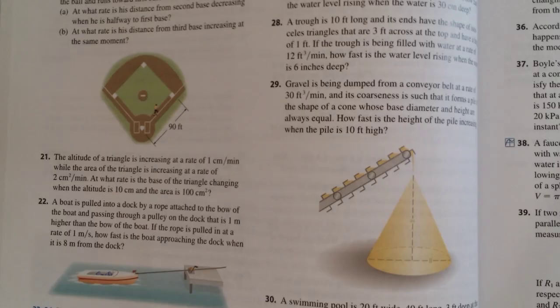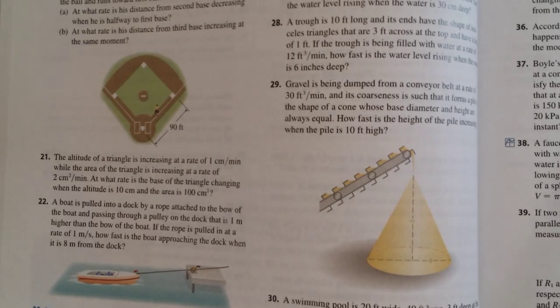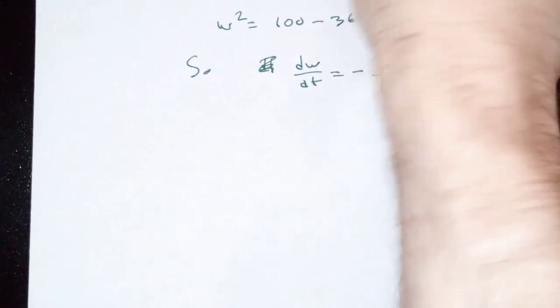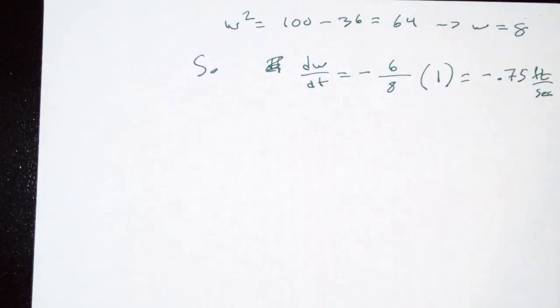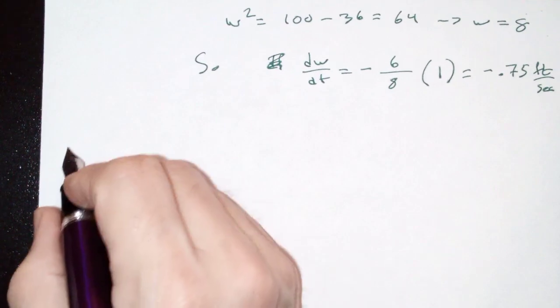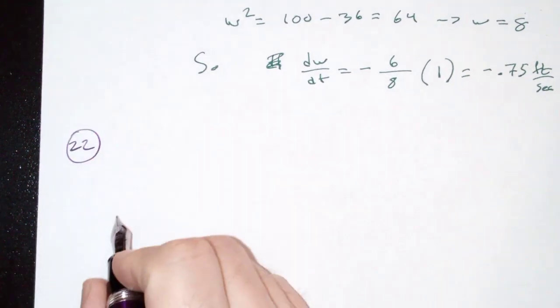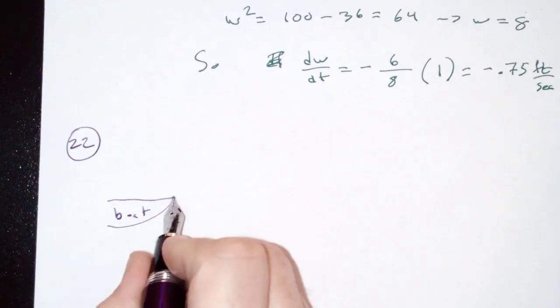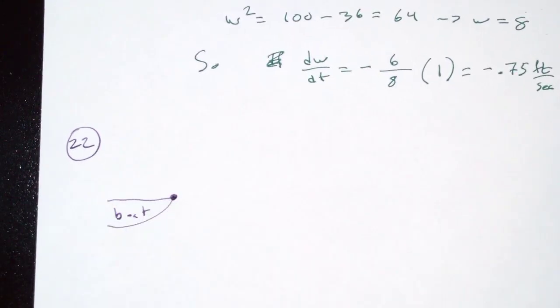All right. They've given me a picture. I'm going to make a bad copy of it, so at least I have a starting point. I have my boat. The rope is tied to the front of the boat.